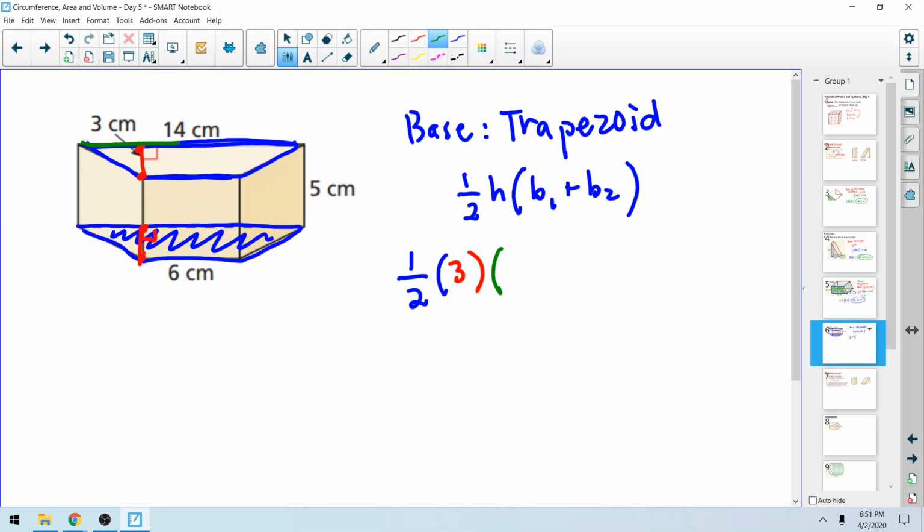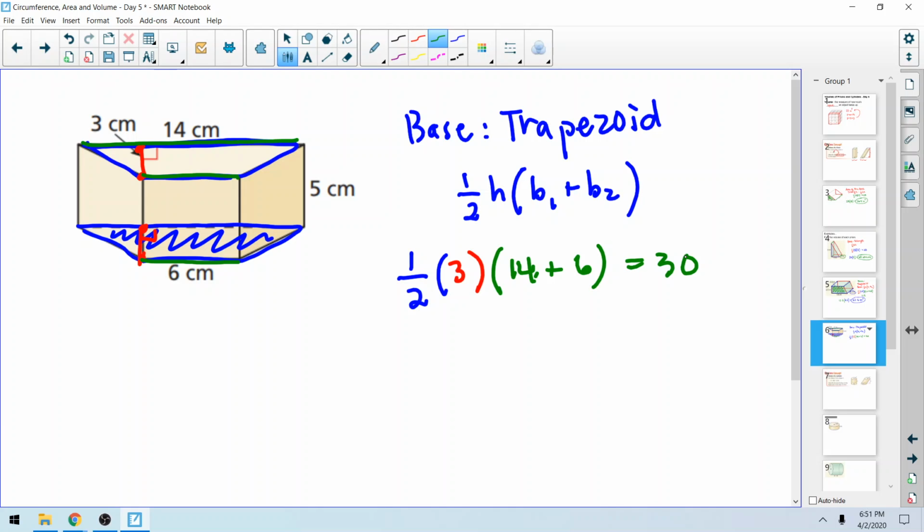Base 1 is 14, plus base 2, 6. Grab your calculator. 1/2 times 3 times parenthesis 14 plus 6, close parenthesis, 30.